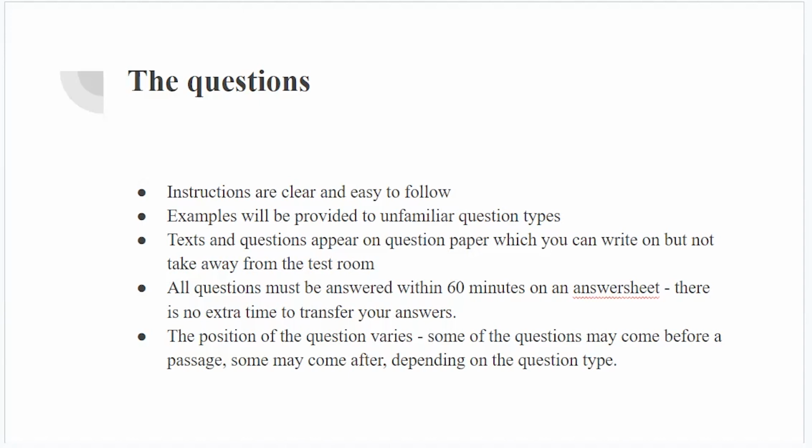Then, examples will be provided for unfamiliar question types. In some cases, the question type may differ from the one we referred to earlier. In such cases, they will provide examples so that we can get to know how that particular question should be answered.